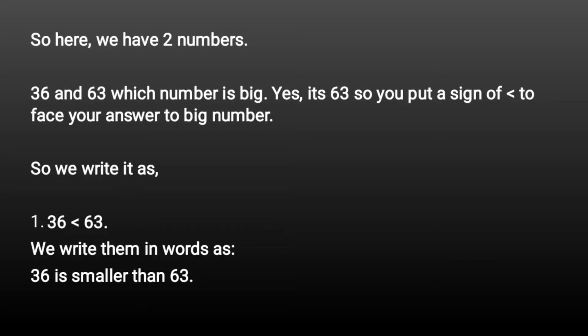So we write it as 36, the sign indicating smaller, and the other opening towards the bigger number. And when we have to write in words, we write it in this format: 36 is smaller than 63. So here I hope you understand how to write these numbers with symbols and in word format.